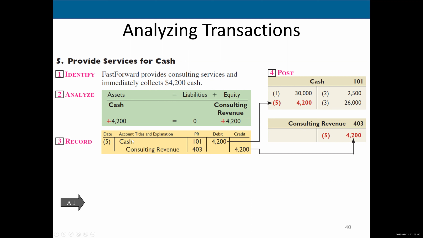We have cash debit of 4,200. So go to the cash account, cash debit 4,200. Now we do the second line, consulting revenue, credit 4,200. Find the consulting revenue account and credit 4,200.